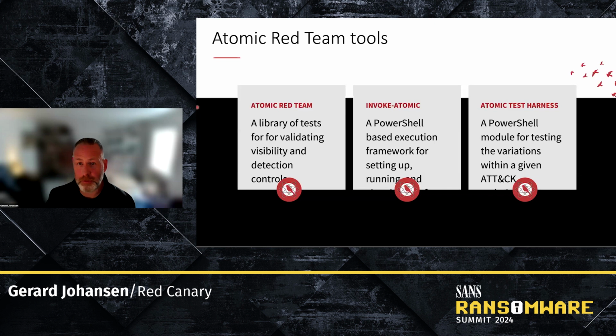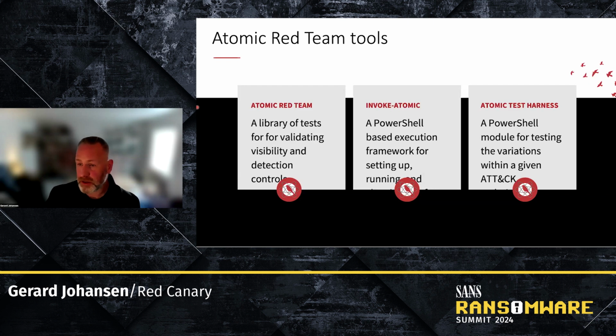It is used to set up, configure, and run tests. You can run tests singly with Invoke Atomic, or, in this case, we'll look at an emulation plan, an actual PowerShell script where we put all of the TTPs together, run them, and then pivot off and conduct whatever we want to do from there.